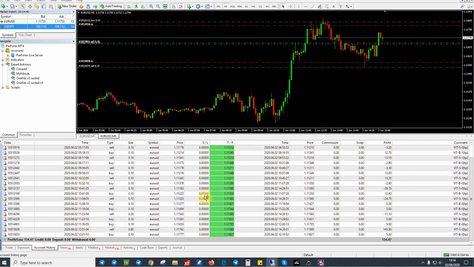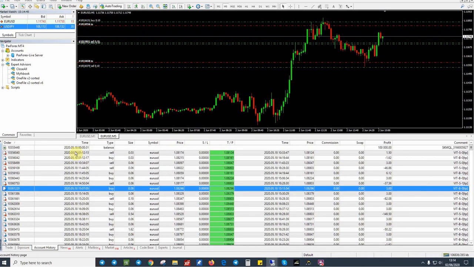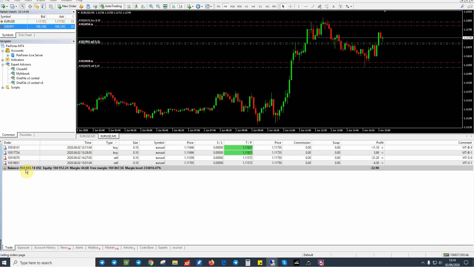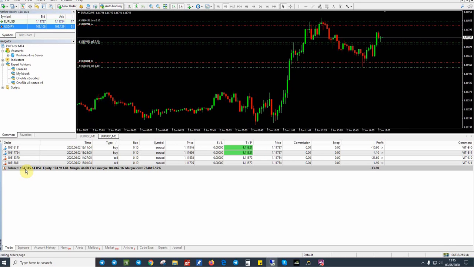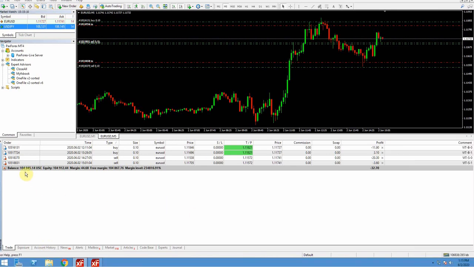It's a gentleman that started on the 18th of May with $1,000, which gives you a 100,000 cent account, and he's already made $40, which is great, since the 18th of May. In 2 weeks, he's made 40% on his account.